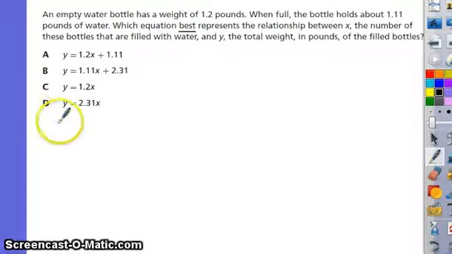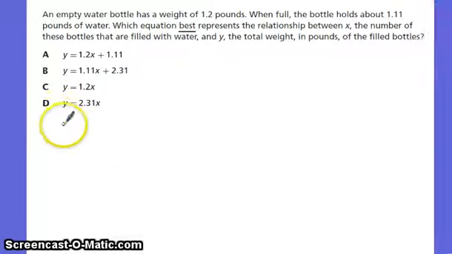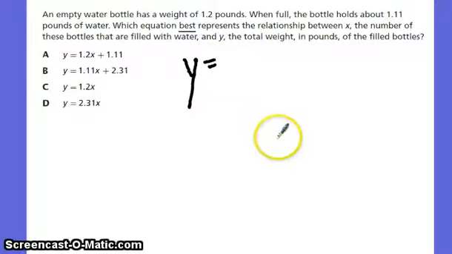An empty water bottle has a weight of 1.2 pounds. When full, the bottle holds about 1.11 pounds of water. Which equation best represents the relationship between X, the number of these bottles that are filled with water, and Y, the total weight in pounds of the filled bottles? So it's going to be a Y equals, which kind of stinks because I can't rule anything out just from knowing that.